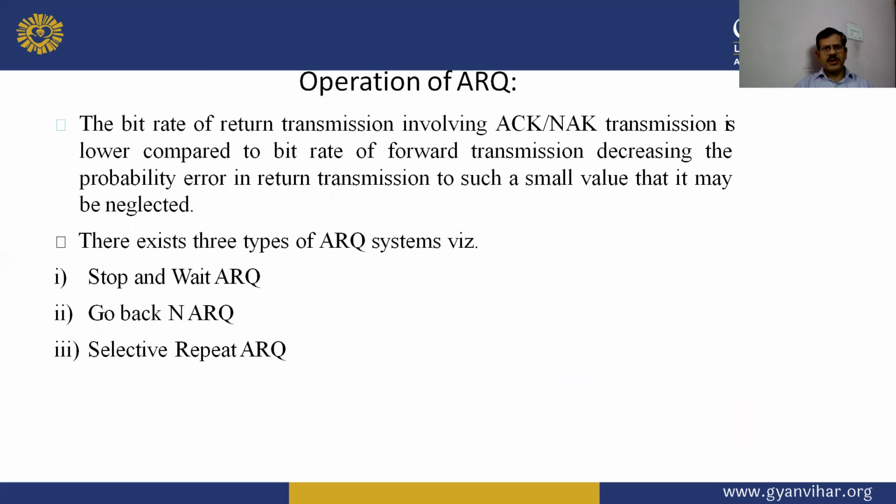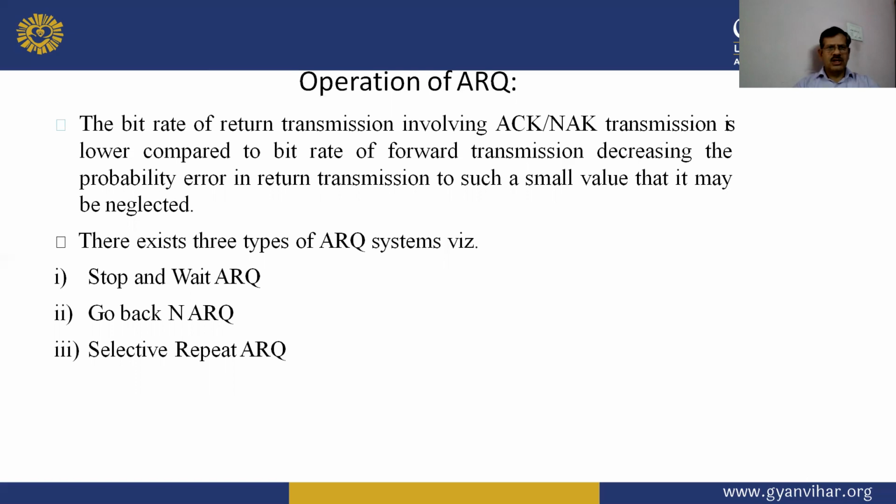The bit rate of return transmission involving ACK/NAK transmission is lower compared to the bit rate of forward transmission, decreasing the probability of error in return transmission to such a small value that it may be neglected.